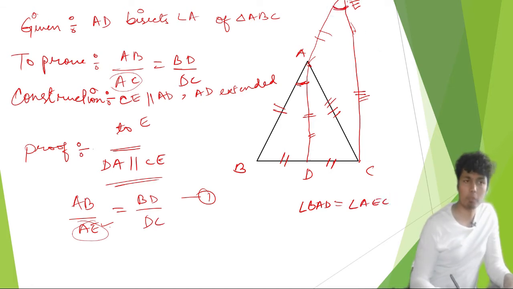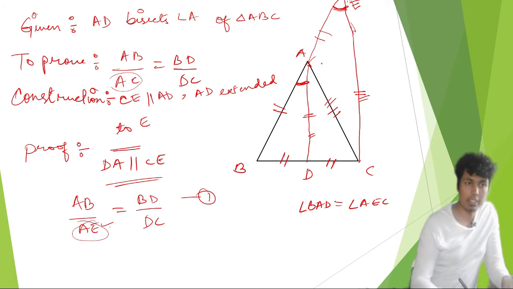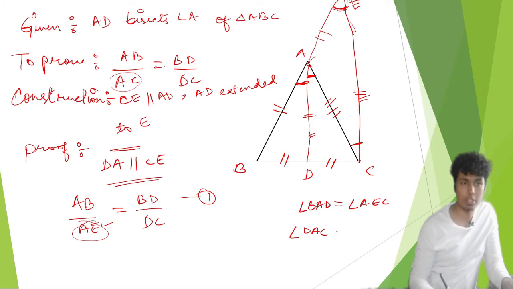Since these two lines are parallel, these two angles will be equal. Another thing: AD is parallel to EC, so angle DAC will be equal to angle ACE as well. Two parallel lines, so these two are equal. Angle DAC is equal to angle ACE.